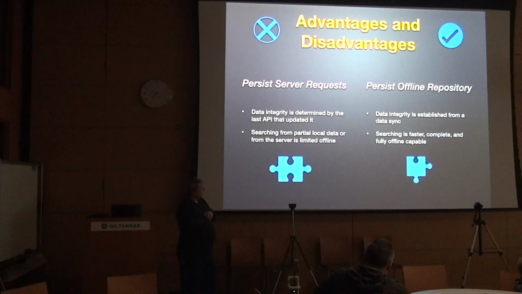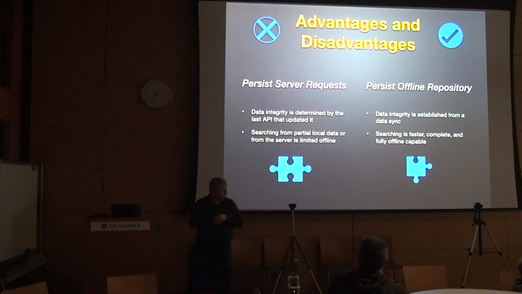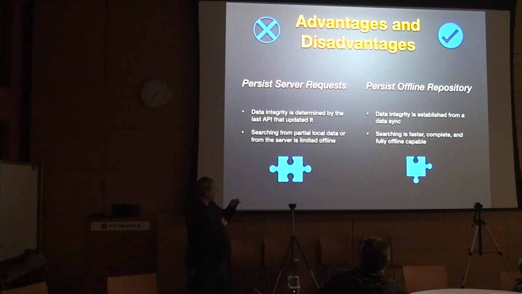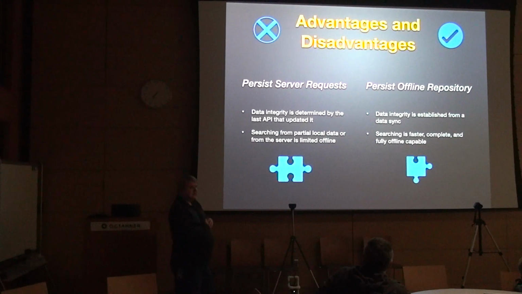And here's one of the keys. If you're offline, you've got nothing except what you've managed to persist. But if you've got fully offline capable data, it's really easy for you to search all of that stuff.